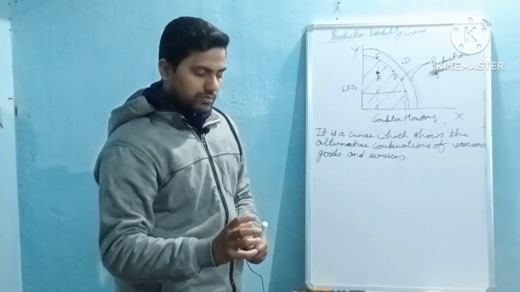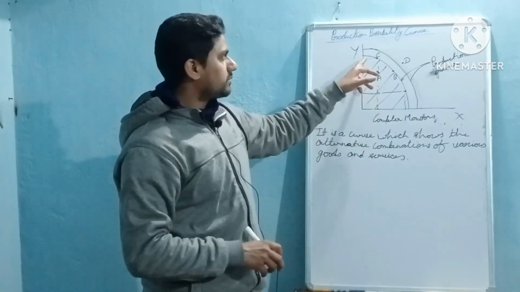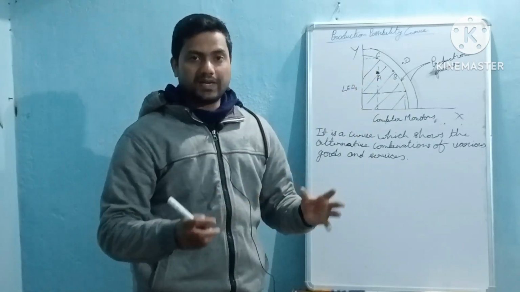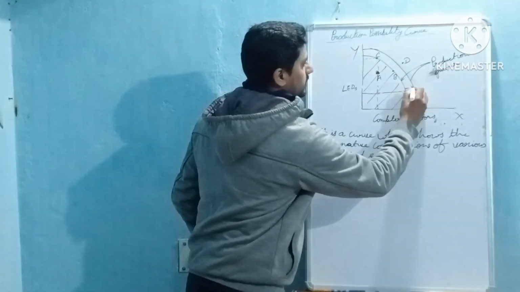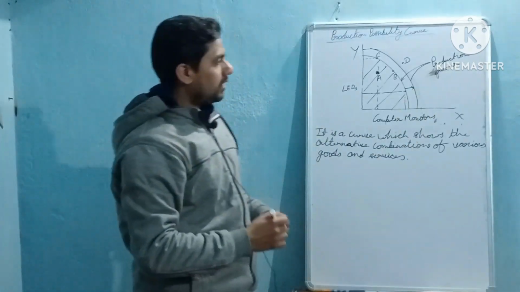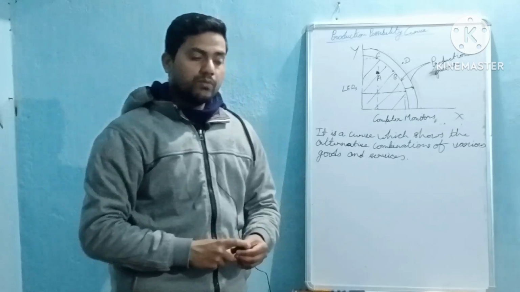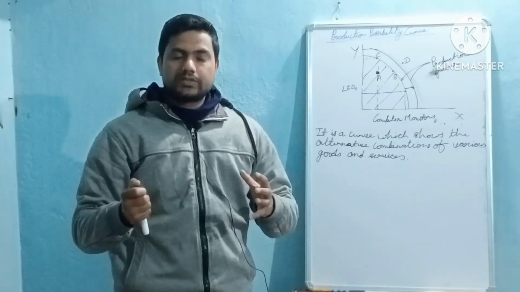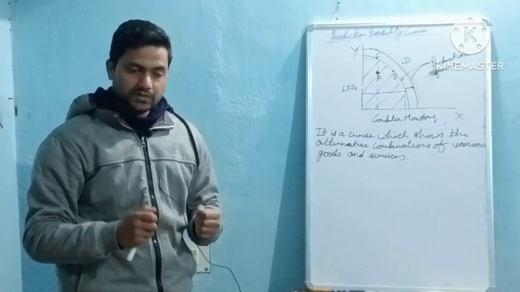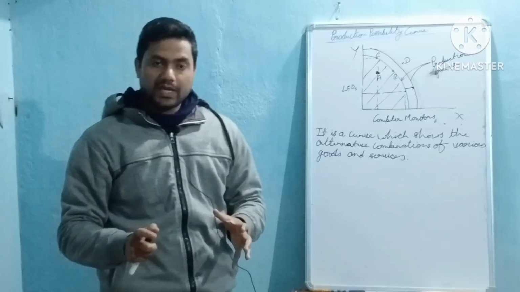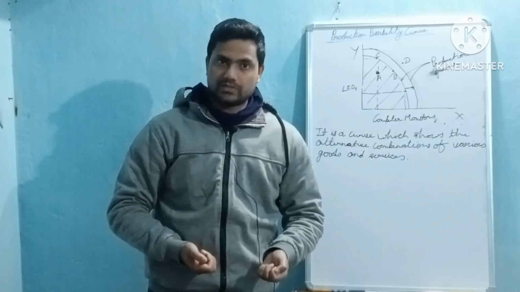But in certain cases it is possible that this production possibility frontier can expand. Expand means it can move outward, just like it is shown here. In which case? When technology advances, when we get a kind of technology which can decrease the cost of production, then by using the same amount of resources, we can produce more goods and services.